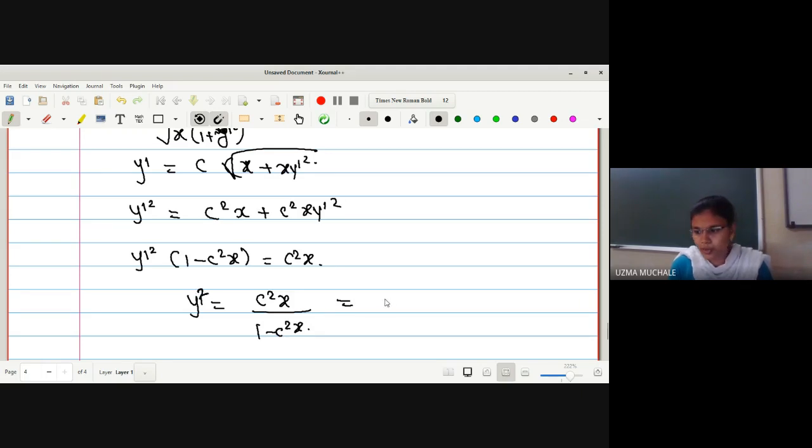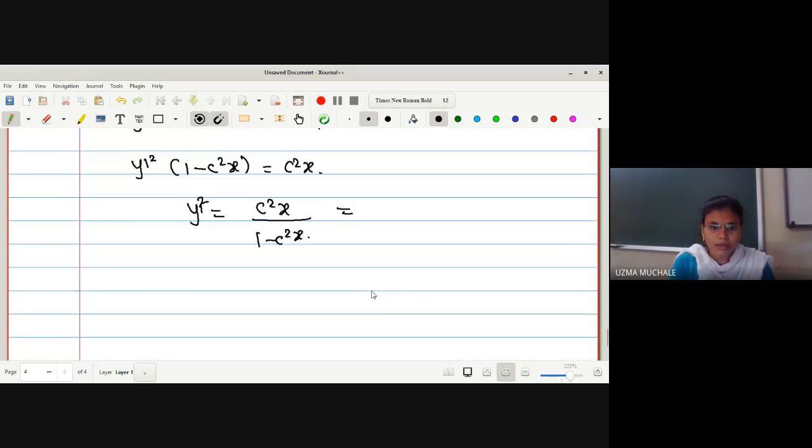On the next step, taking a square root, we have y dash is equal to c under root of x divided by 1 minus c square x.